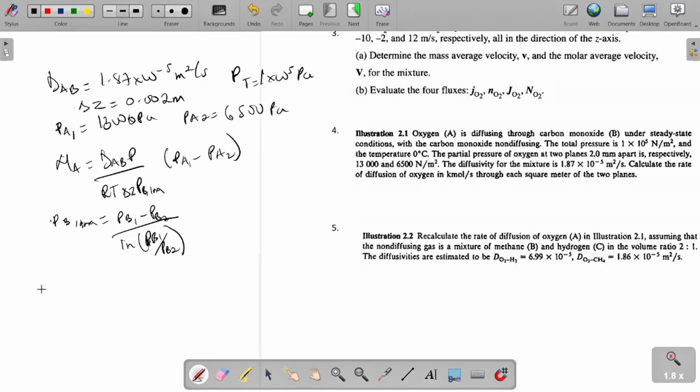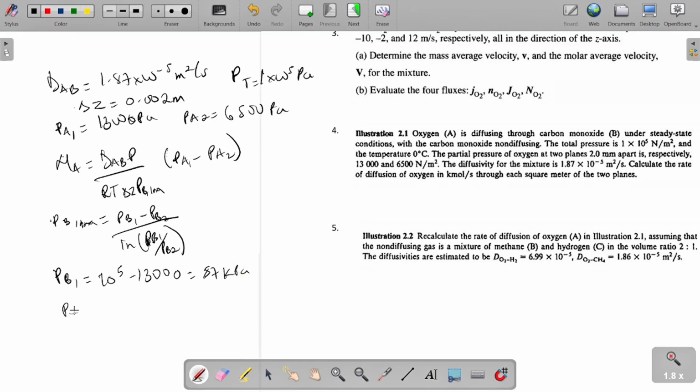Over here I have A1 and A2, but I need B. I can see that PB1 will be the total pressure minus PA1. The total pressure is 10 raised to the power 5 minus 13,000. So this one gives me a pressure of 87 kPa.